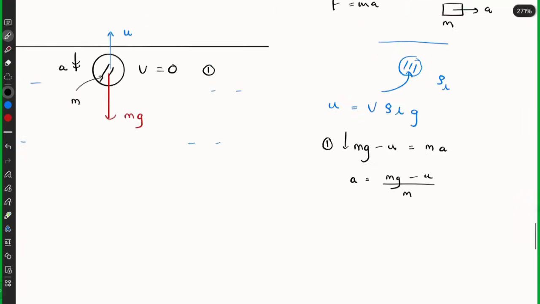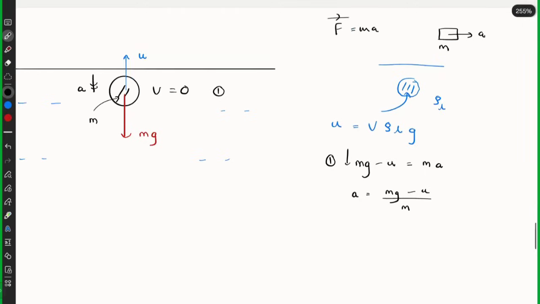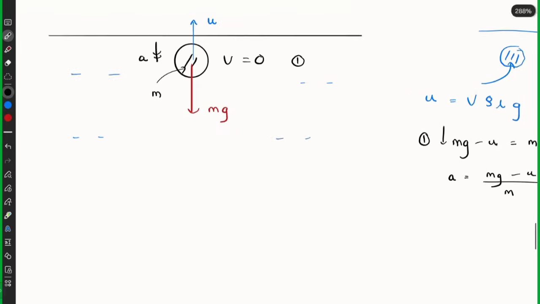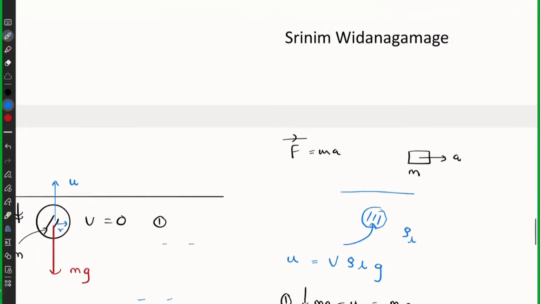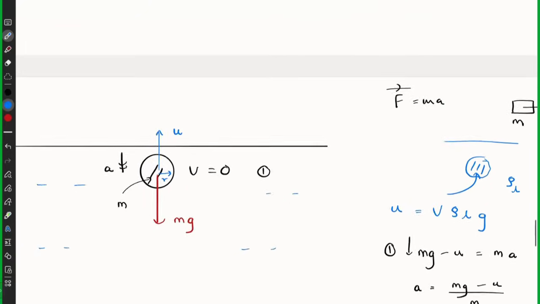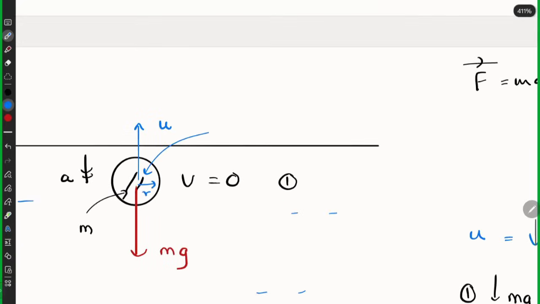But I'm going to expand upon this. I can write the mass of the sphere in terms of its volume and its density. I told you that this object has a density of rho.